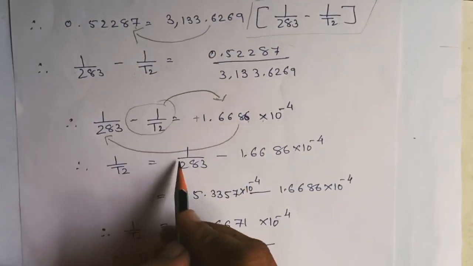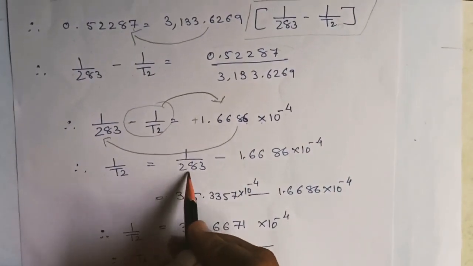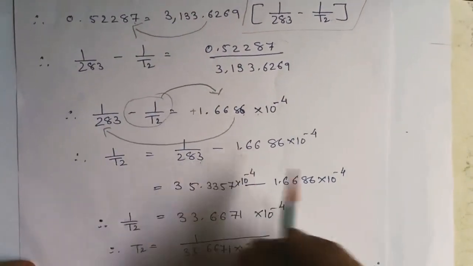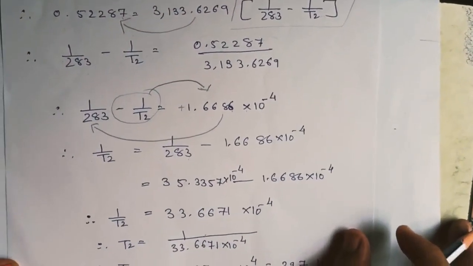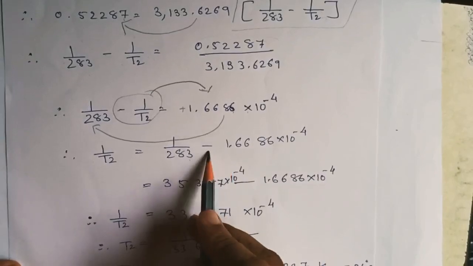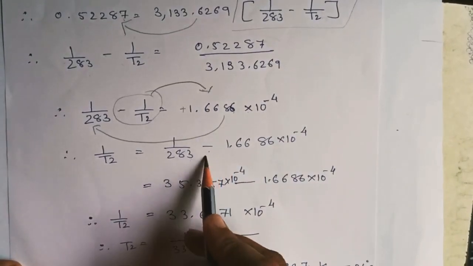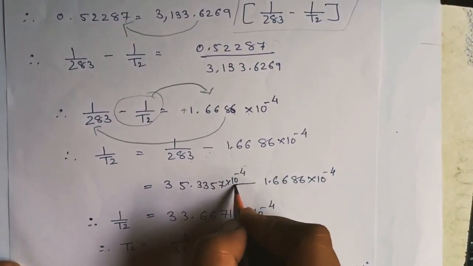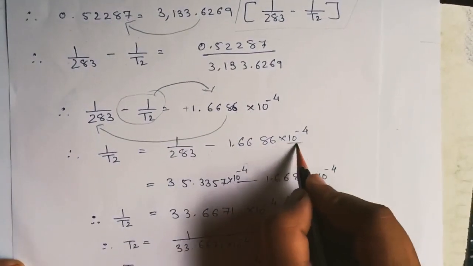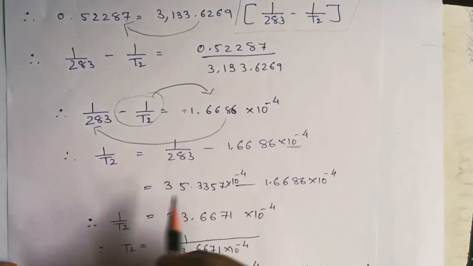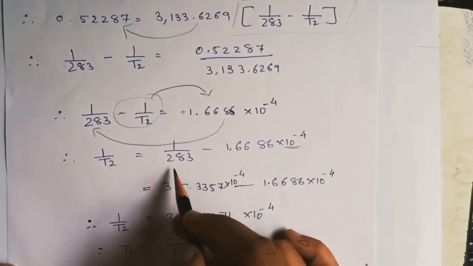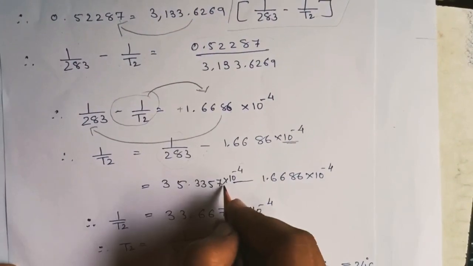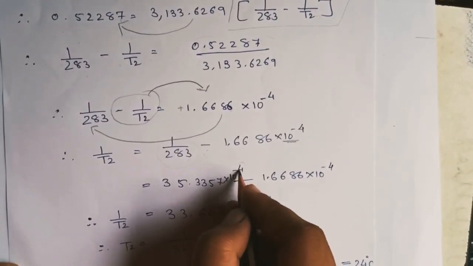Now if we divide that 1 by 283 it gives the answer, right, but this answer we have to subtract. For the subtraction we want the power of 10 the same. Here you can see that the power of 10 is minus 4. So we convert that division answer into 10 to the power minus 4.